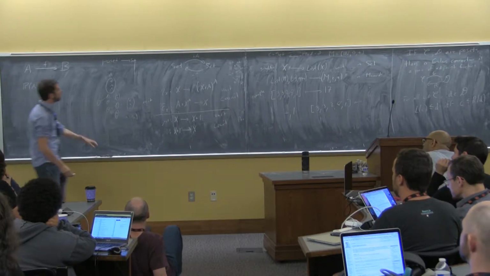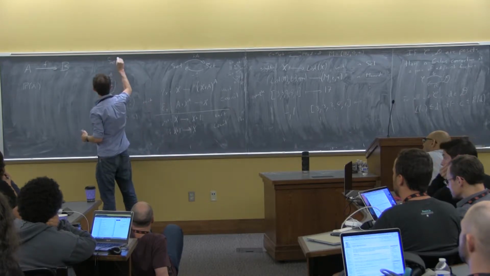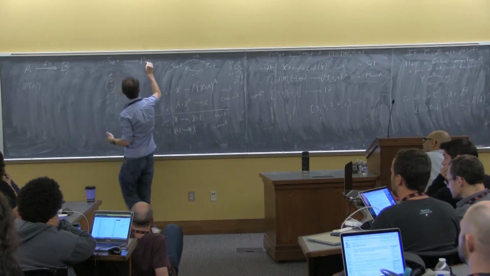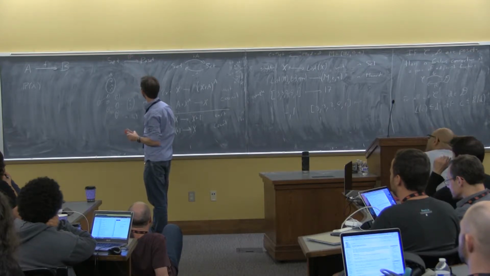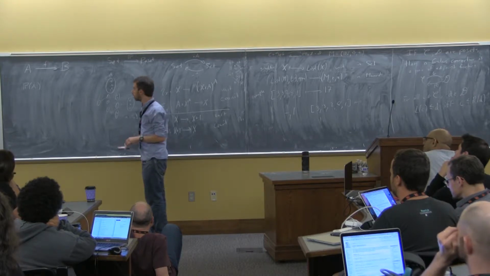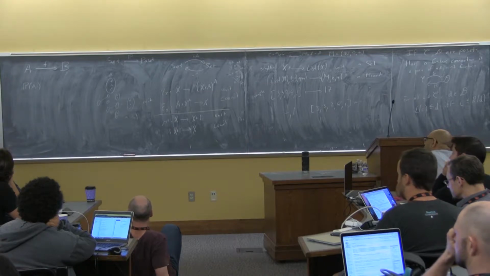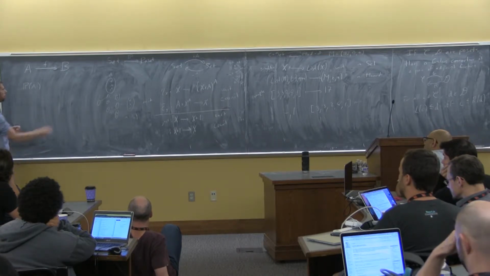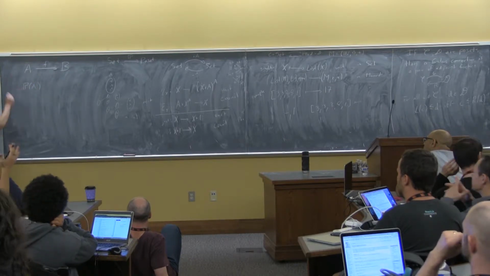So there's a functor from sets to posets, and that's the power set. Maybe it's another free thing, I don't know. But that's not what I'm going to use here. That's just a fact. This is a poset.